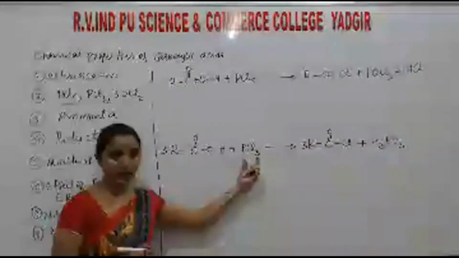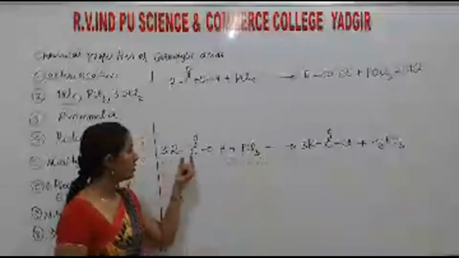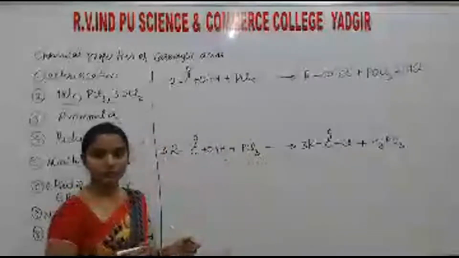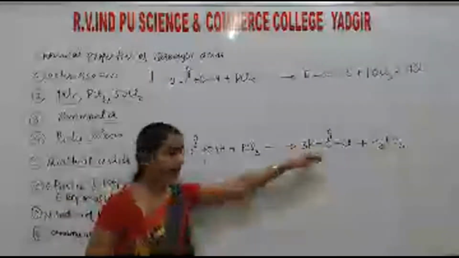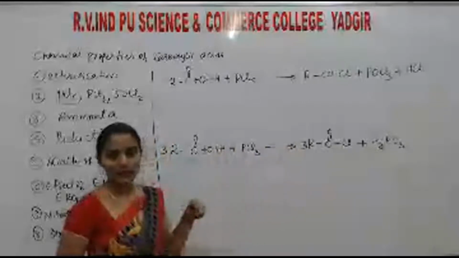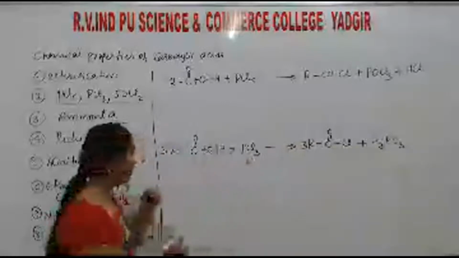If it reacts with PCl3, they form RCOCl. Of course, bond will break here. They form RCOCl, acid halides. Next, H3PO3, phosphorous acid, when they react with PCl3.